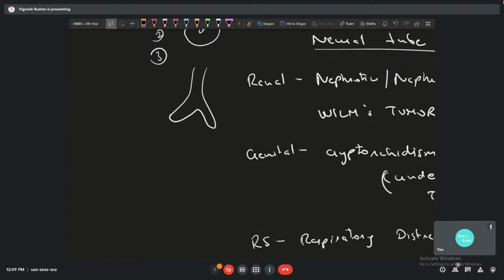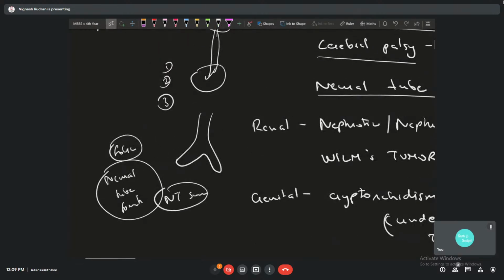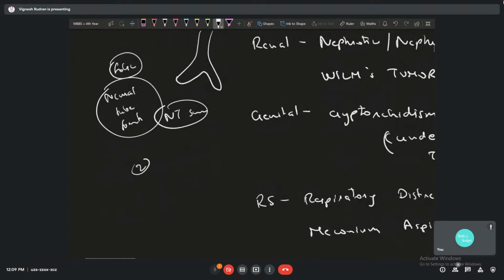For any neural tube defect, talk about folic acid and neural tube formation. Your nuchal translucency scan can be used to detect all of these. So that is your spina bifida.